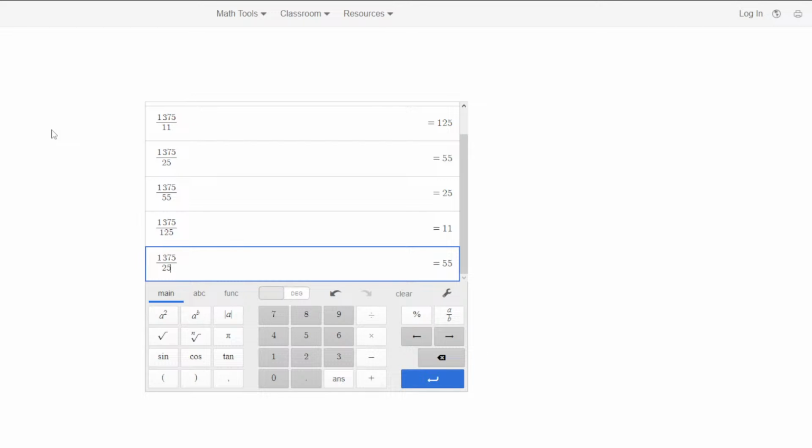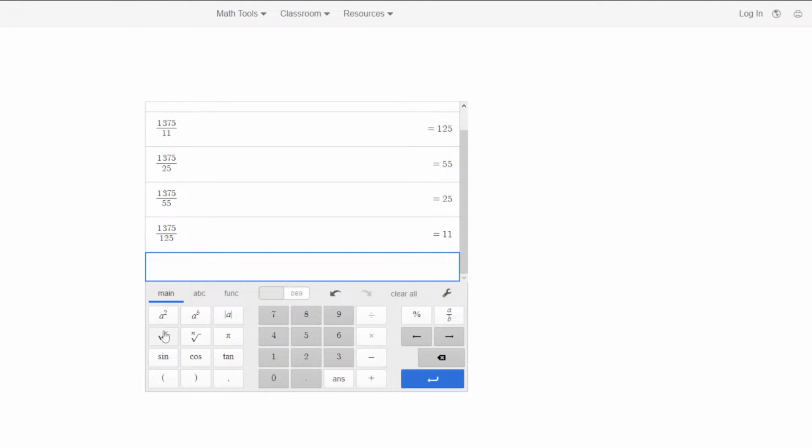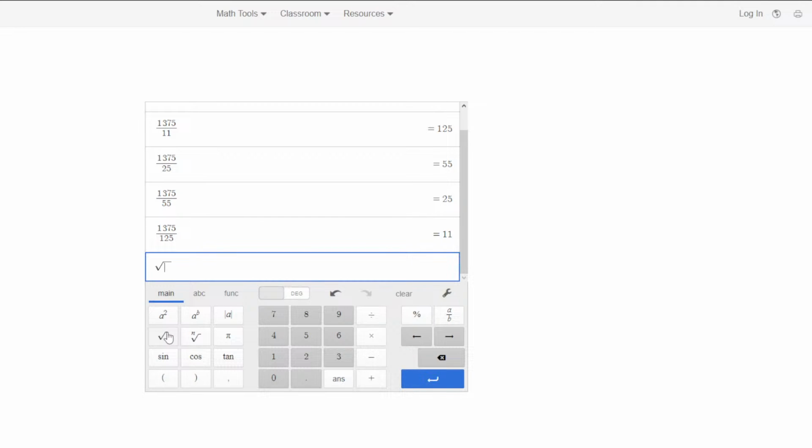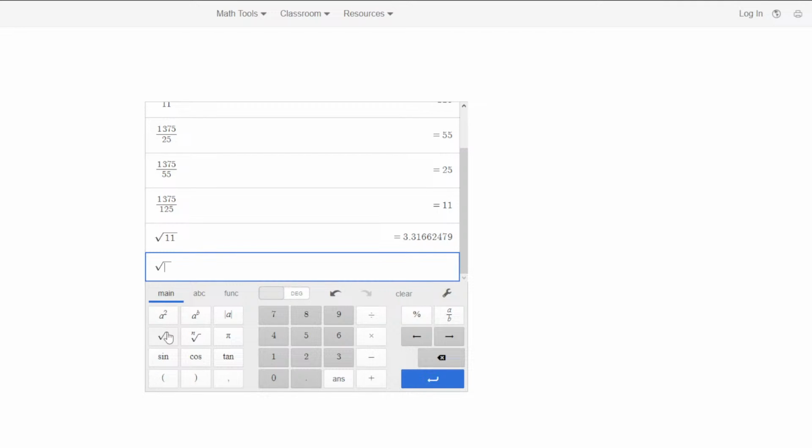2x equals 24? Really? So the square root of 11, if you reduce it down as much as possible. No, it's not the same thing.